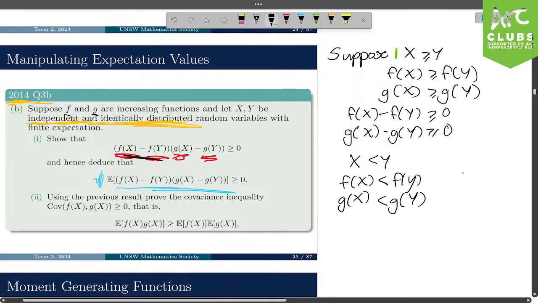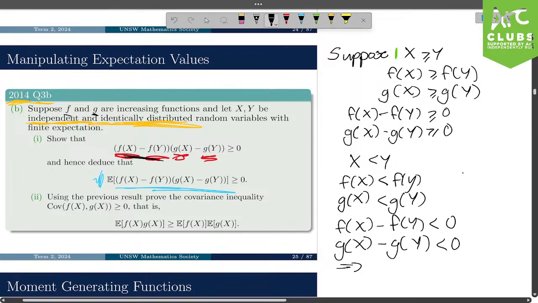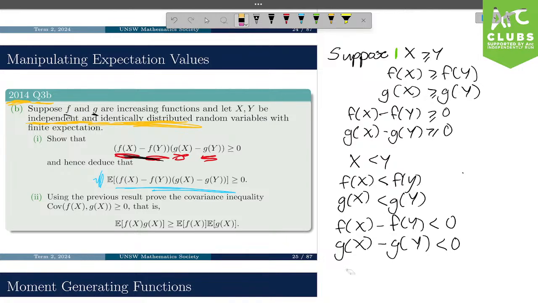So f of x minus f of y is less than 0, and g of x minus g of y is less than 0. And that implies that we're multiplying two negative numbers, so the multiplication is positive. Okay, so it's always greater than or equal to 0. And that's part I. A little bit of just breaking things into parts.